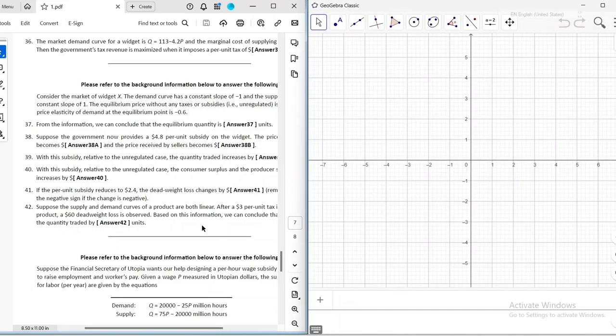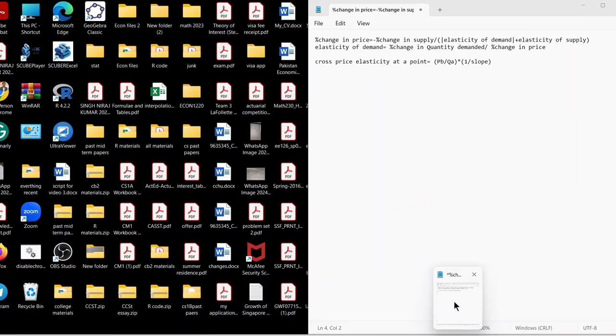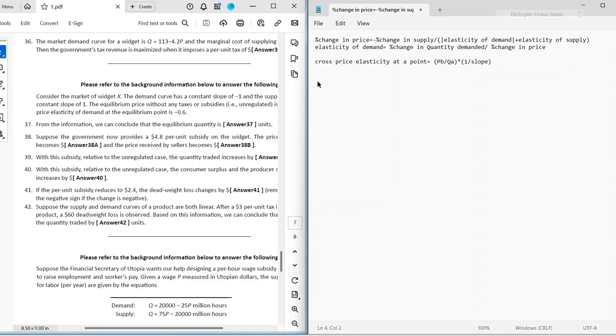Let me write the formula first, because using the formula you can obtain the equilibrium quantity. Once the equilibrium quantity is known, then you can calculate the subsequent questions.